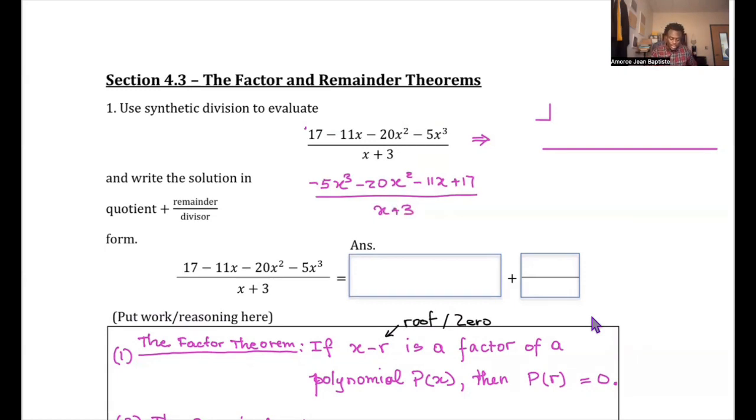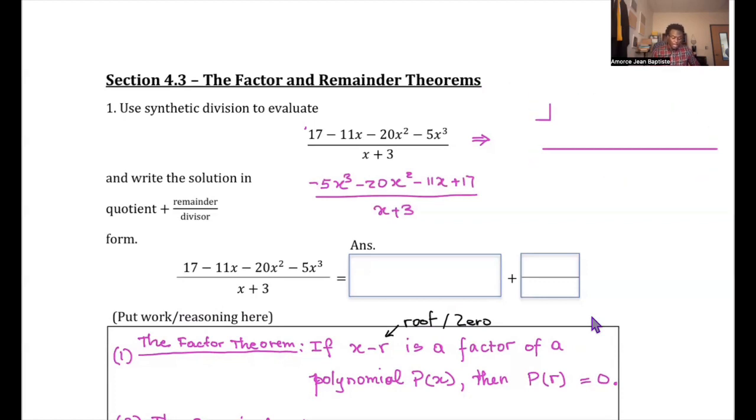So that's the first thing I do. I reorganize my terms and make sure that the dividend is written in descending order of exponent. The next thing I do is set up the division, like this setup right here.